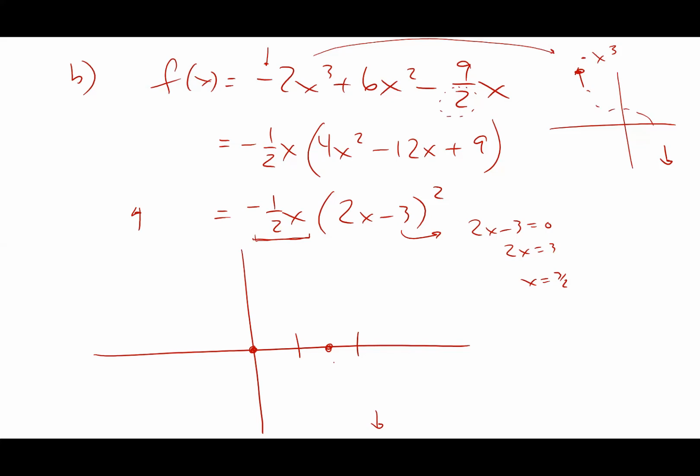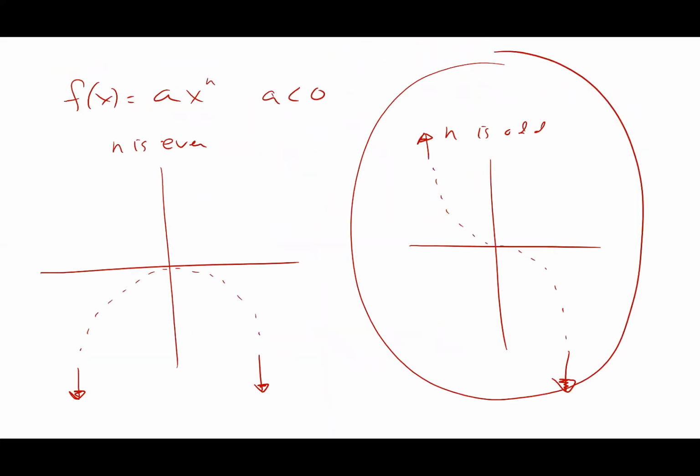Okay, and one thing to mention here with a minute and a half left, here it goes. Notice for odd powers, it actually goes through the 0. What happens when it's even powers?